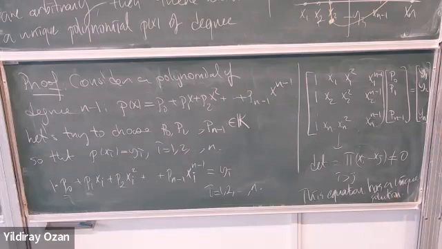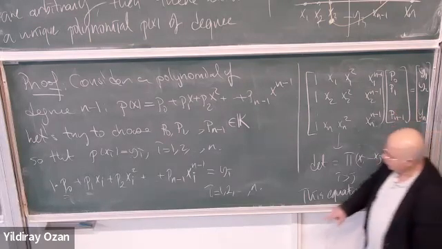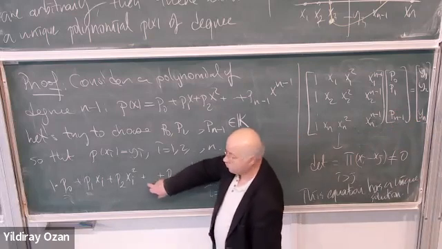Okay. Why do we say that the degree is at most n minus 1? It seems that the degree is n minus 1. But the degree is at most n minus 1 because of the following. Maybe this coefficient might be 0 in the solution. The one above this one might be 0. So maybe this coefficient is 0, this one is 0, and so on.